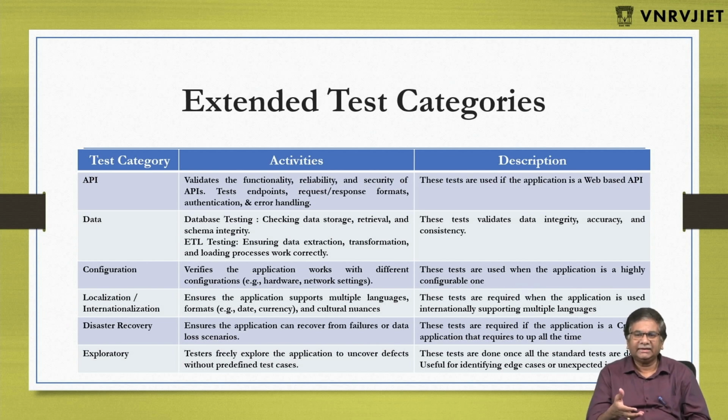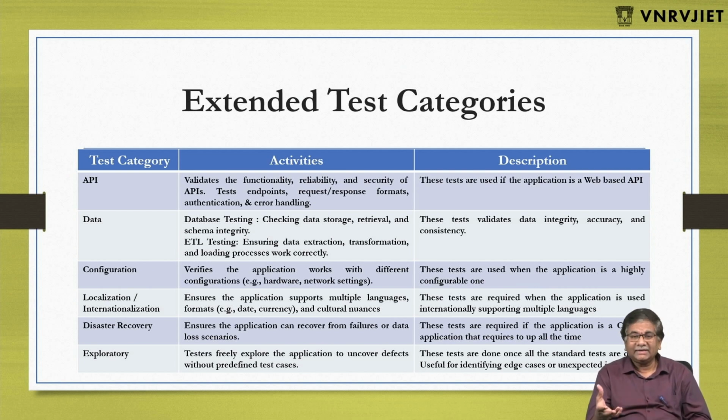Configuration settings. For example, certain applications are highly configurable. Are all these configurations working properly? For example, the software in rockets or artillery used by the military: are they working correctly for different configurations? This is done in configuration testing.